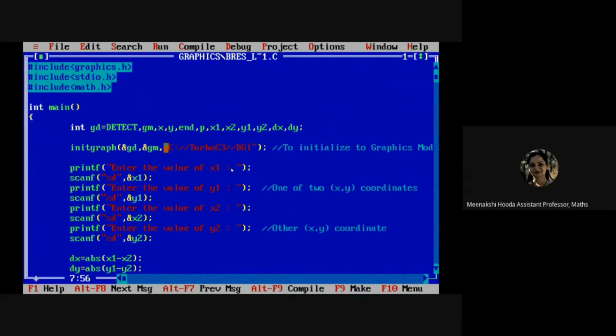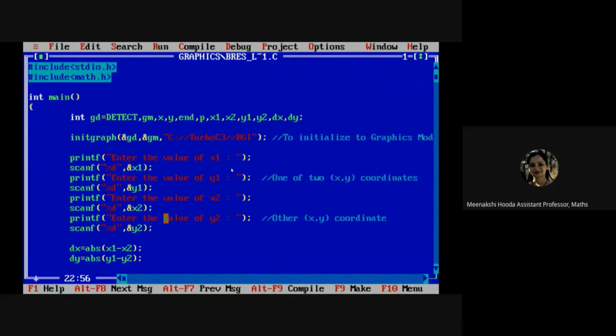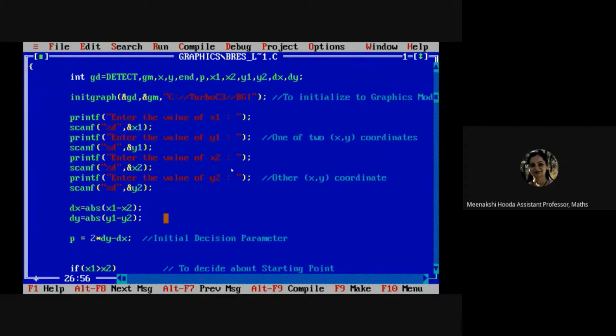So initgraph initializes the screen to the graphics mode. Here we are entering the coordinates of the starting point of the line and the end point of the line. There are 4 values, x1, y1, x2, and y2. So the starting point and the end point of the line have been accepted.